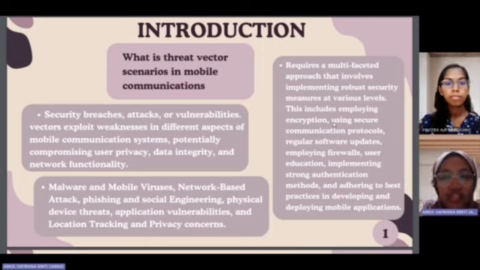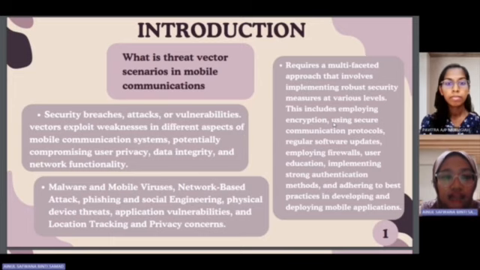These vectors exploit weaknesses in different aspects of mobile communication systems, potentially compromising user privacy, data integrity, and network functionality.